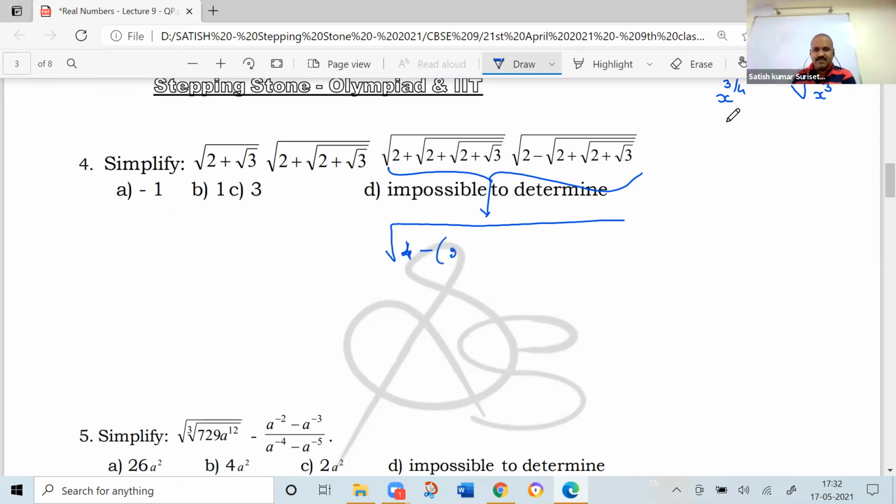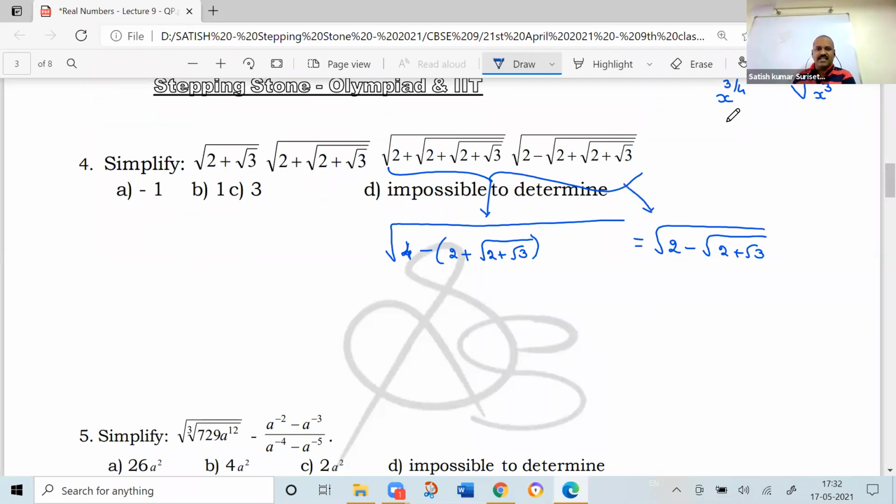So it will become now 2 plus root of 2 plus root 3. Check whether you have understood this portion or not. So I'm taking only this portion. So this will now be root of 4 minus 2, 2 minus root of 2 plus root 3.